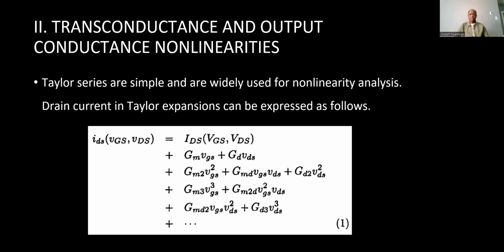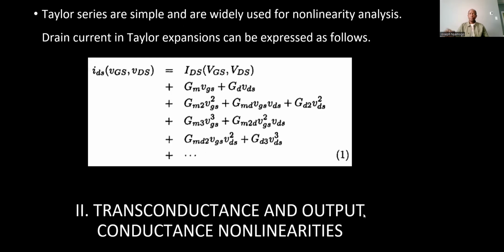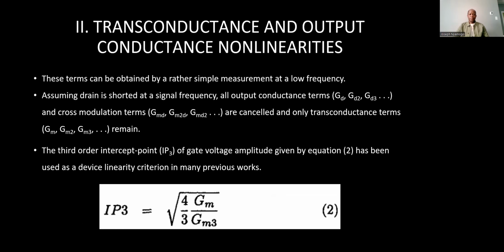Transconductance and output conductance nonlinearities. Taylor series are simple and widely used for nonlinearity analysis. Drain current in Taylor series is expressed as shown in equation 1. These terms are obtained by simple measurement at low frequency.